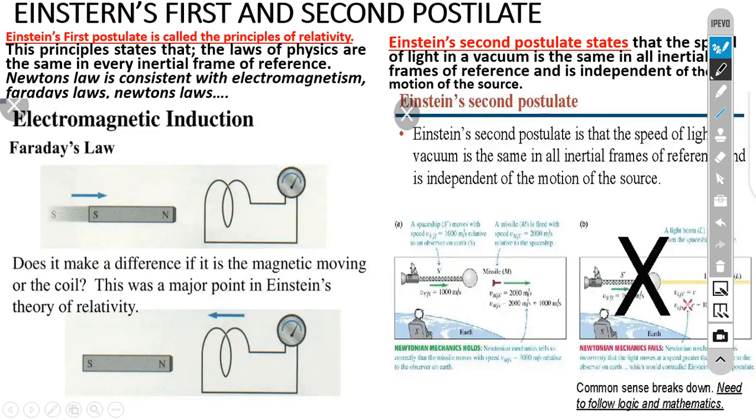What will happen is that the velocity of the missile would be, okay, this was 1000. So the velocity of the aeroplane here is 1000, and the velocity of the missile here is 1000 plus 1000.